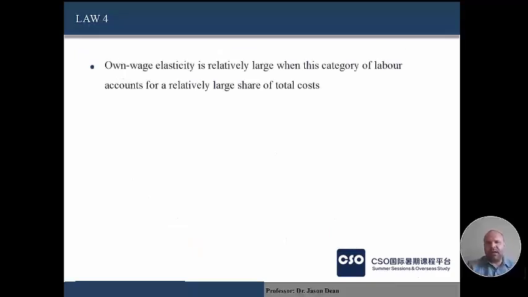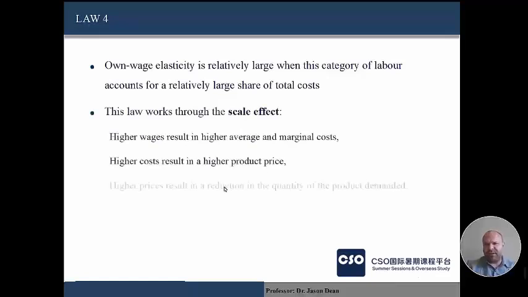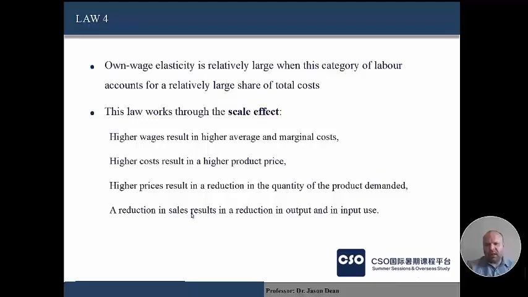The last law is saying that own wage elasticity is relatively large when this category of labor accounts for a relatively large share of total costs. Well, this is kind of straightforward, and it works through the scale effect. So this is similar to what we had before.